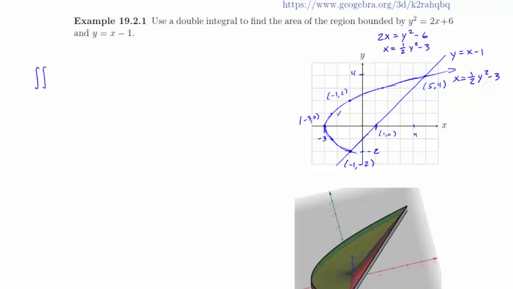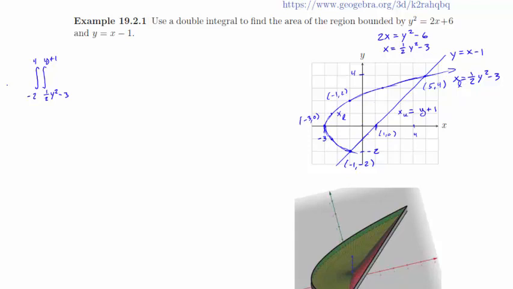So if this is my x lower bound, which we know is 1/2 y squared minus 3, then this is my x upper bound, and so that's going to be y plus 1, solving for x in y equals x minus 1. So my lower bound is 1/2 y squared minus 3, my upper bound is y plus 1, and in the y direction, we're going to go from -2 to 4 at these 2 points of intersection.